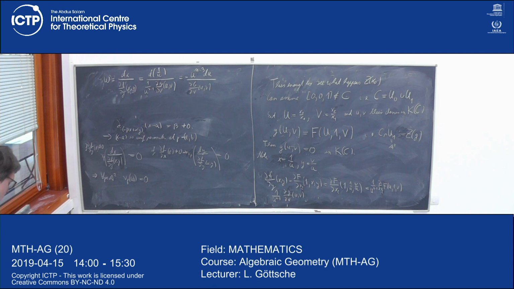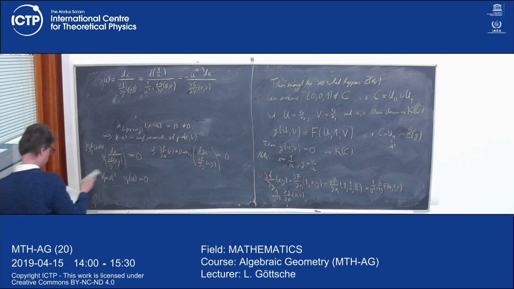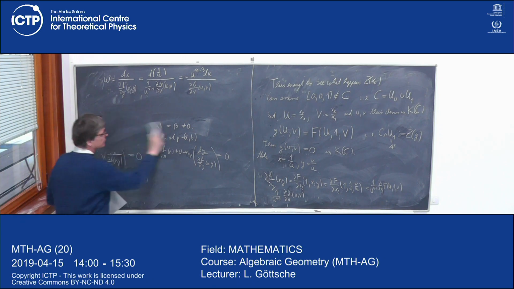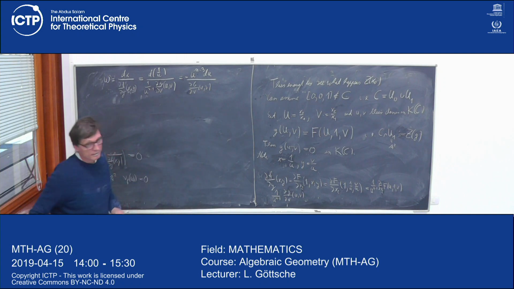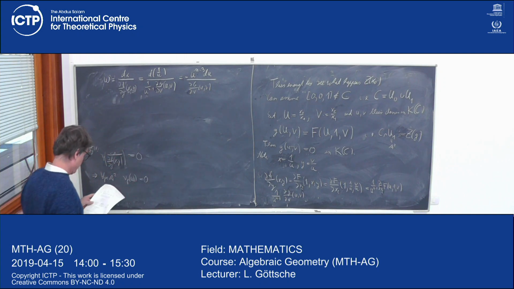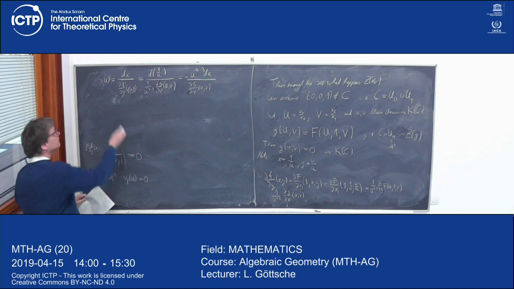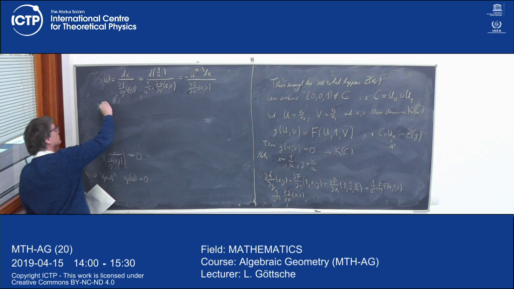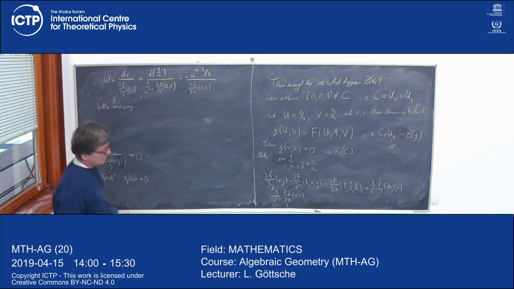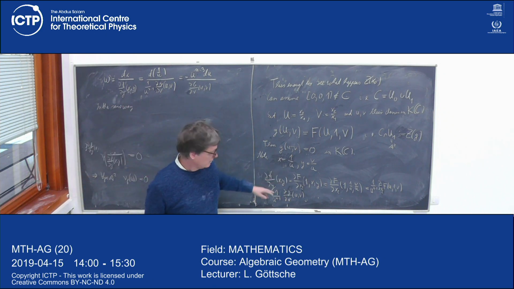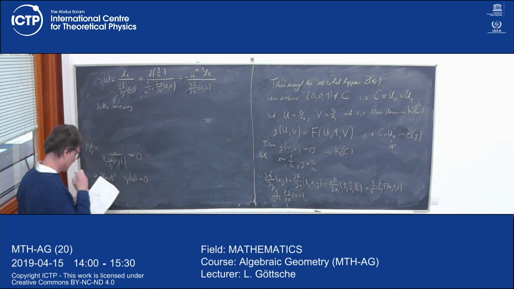Okay, and in the same way, obviously it works in the other chart. We can also instead take df by dx and then do that in terms of the other one.